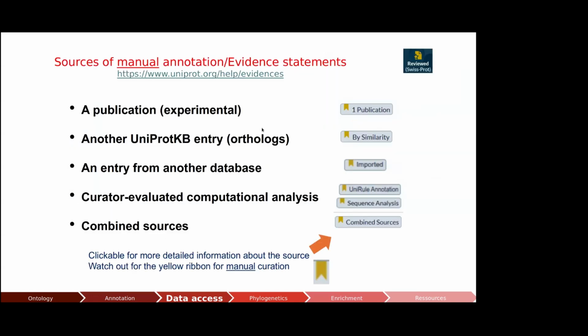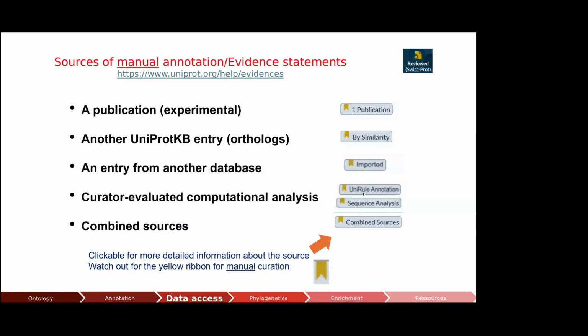Every annotation, or at least those that were added in the last 12 to 15 years, let's say, is labeled with what we call an evidence tag. These indicate the source, for example, in the scientific literature, or the method that was used to obtain or to build the annotation or to generate a sentence.